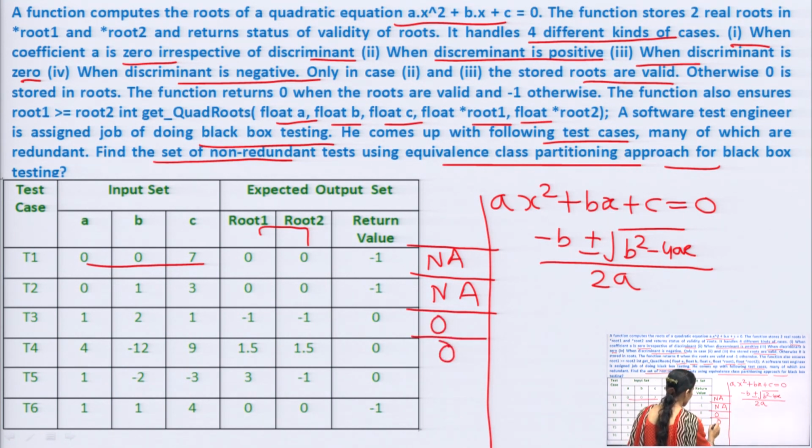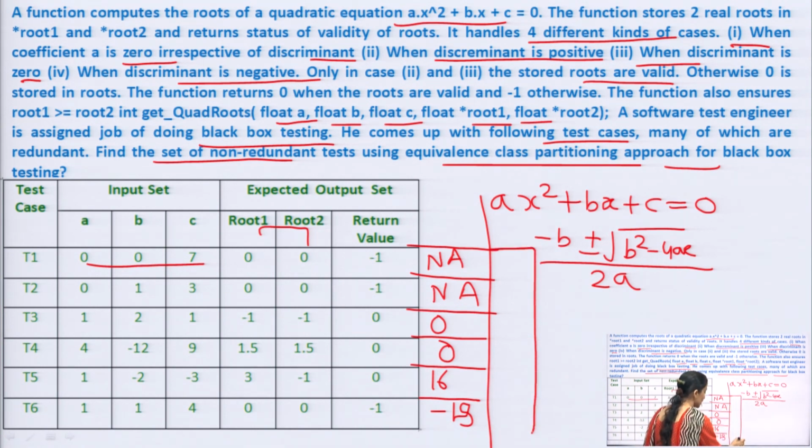Again this is 0, the value here comes 16 and here it is minus 15, and suppose I classify them as per the equivalence classes.